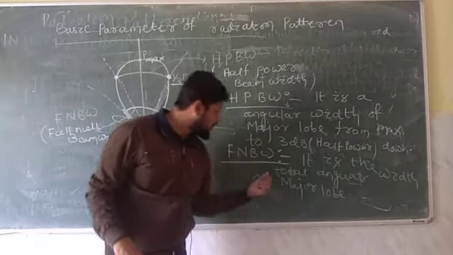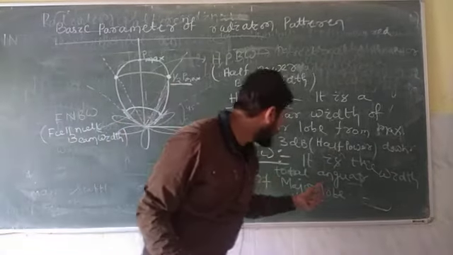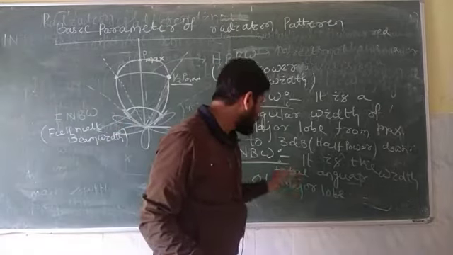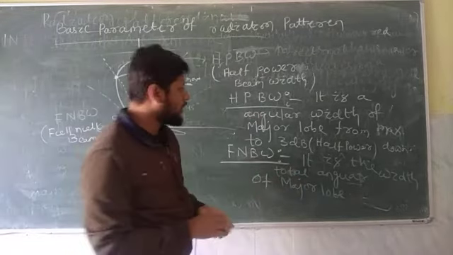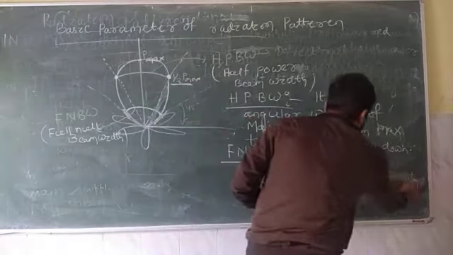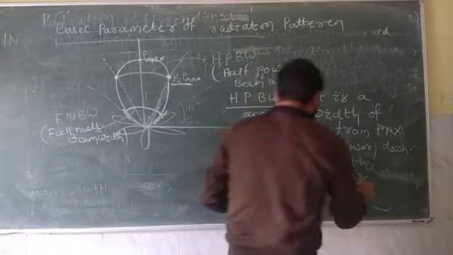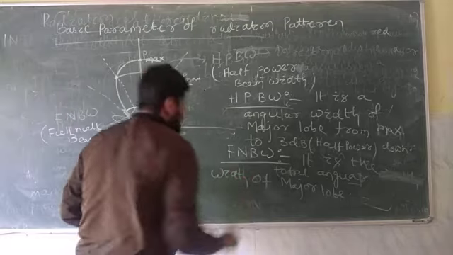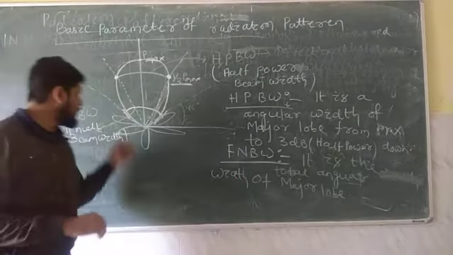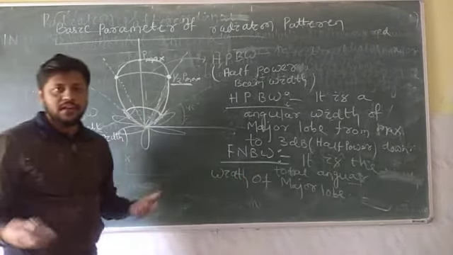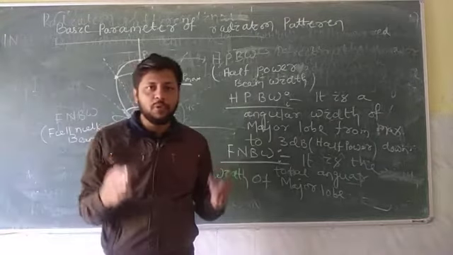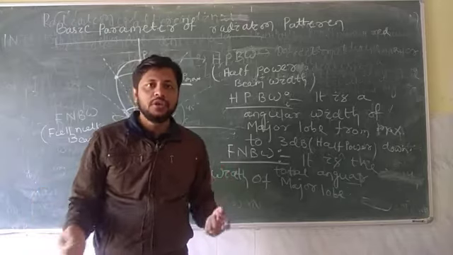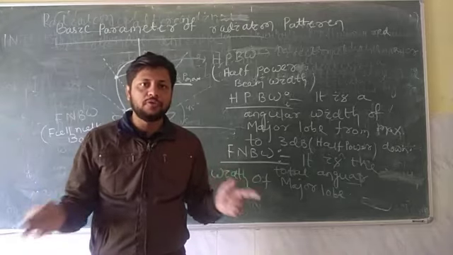It is the total angular width of the major lobe. So if somebody asks you the total angular width, that is known as your full null beam width.